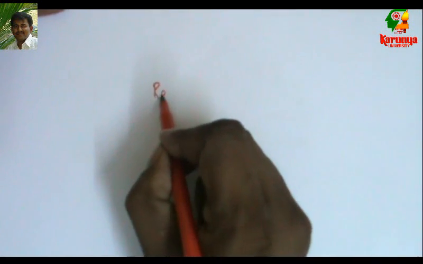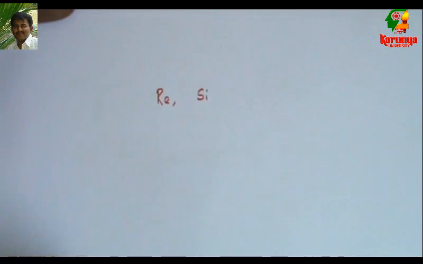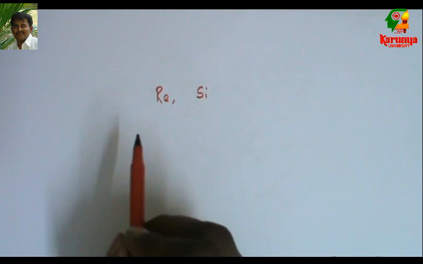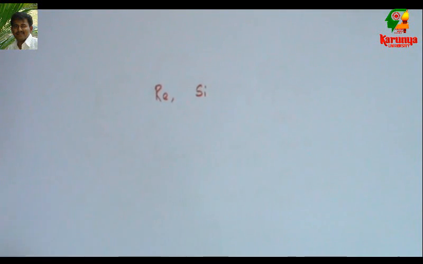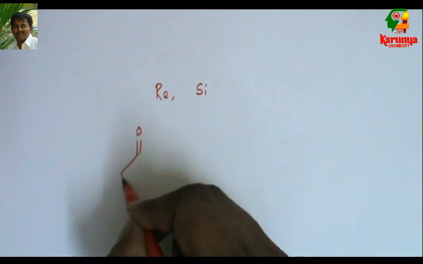what do you mean by Re and Si? Generally, this nomenclature is used for an sp2 trigonal carbon with 3 different substituents. For example, I go for an aldehyde like this.